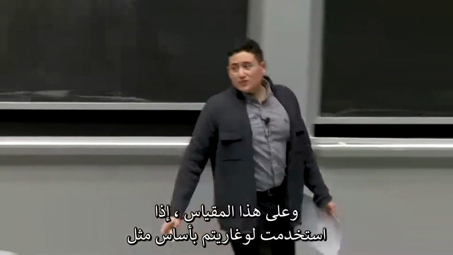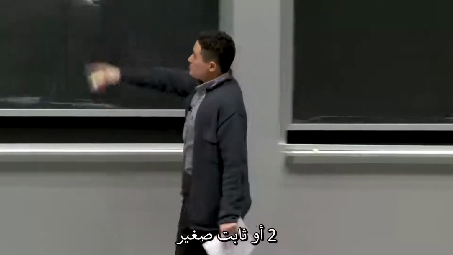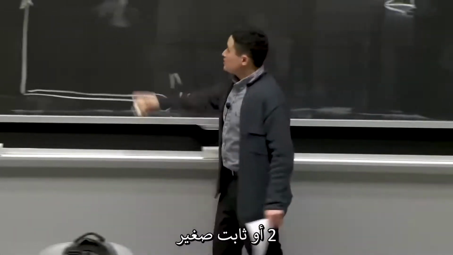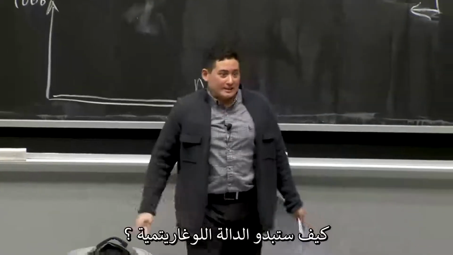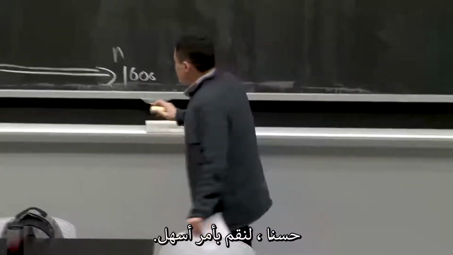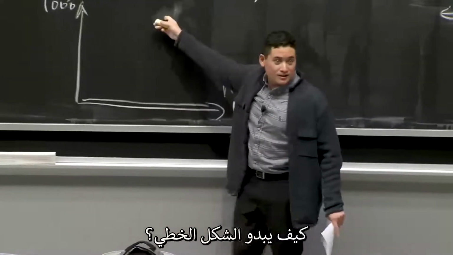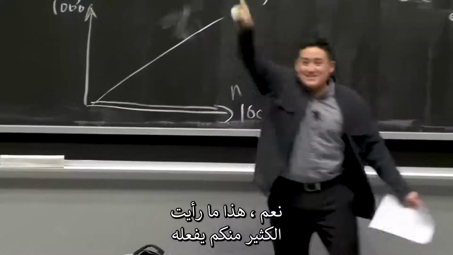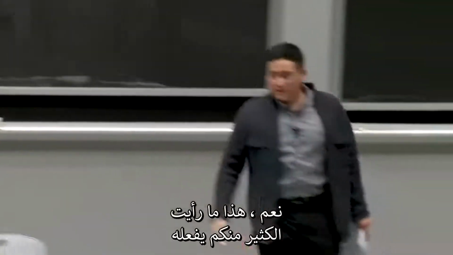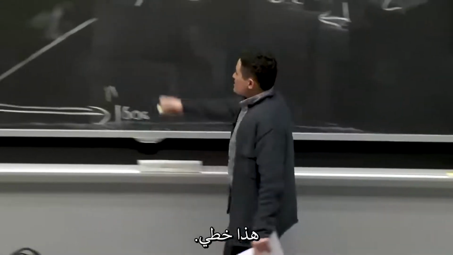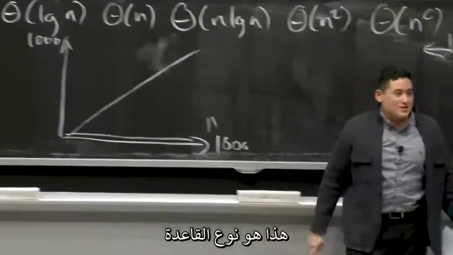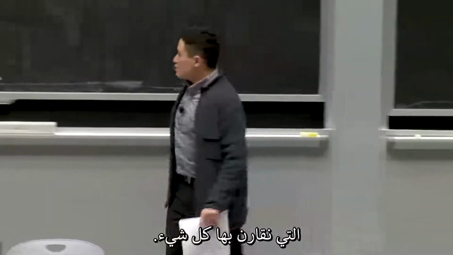And on this scale, if I use log base 2 or some reasonable small constant, what does log look like? Well, let's do an easier one. What does linear look like? Yeah, this. That's what I saw a lot of you doing. That's linear. That's the kind of base that we're comparing everything against. What does log look like?